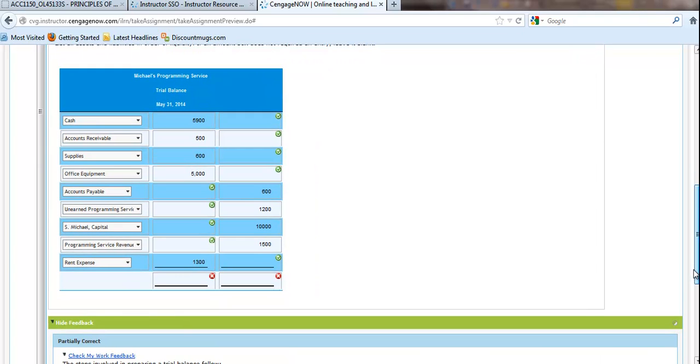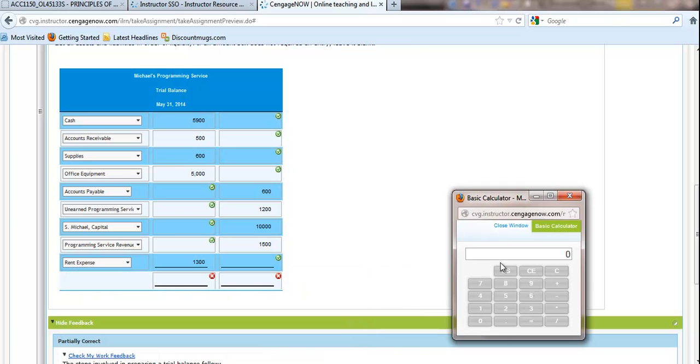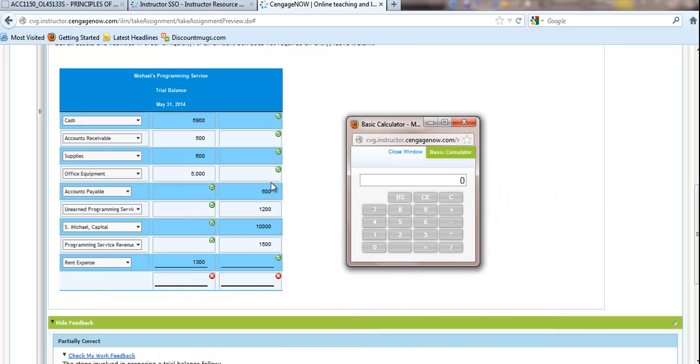So I can add up my total credits: 600 plus 1,200 plus 10,000 plus 1,500, and hit equal.